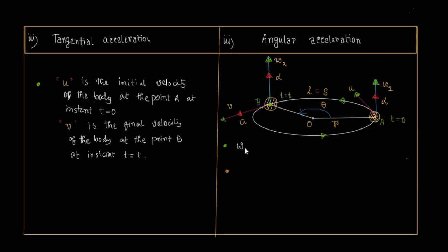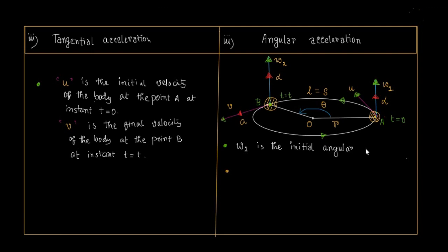Omega 1 is the initial angular velocity of the body revolving in the circular orbit, and this initial angular velocity omega 1 will be acting vertically upwards.